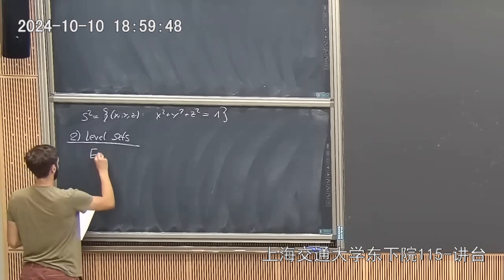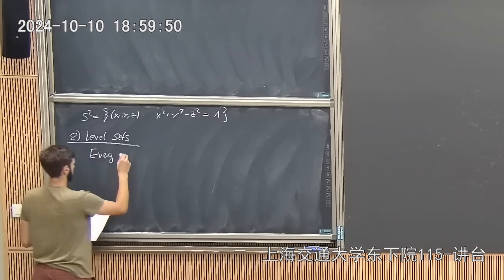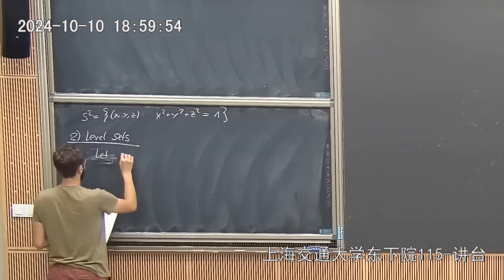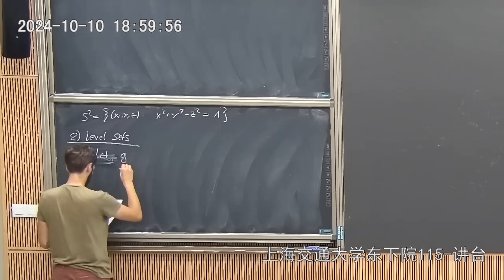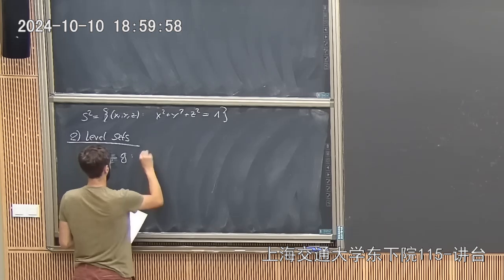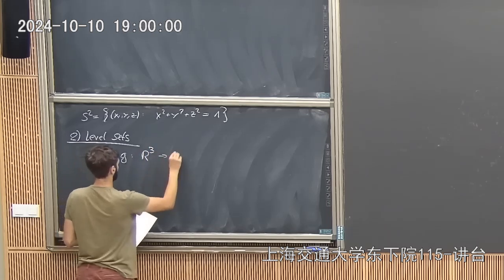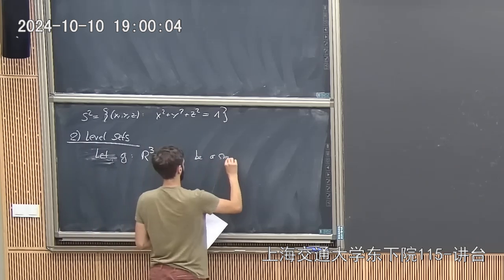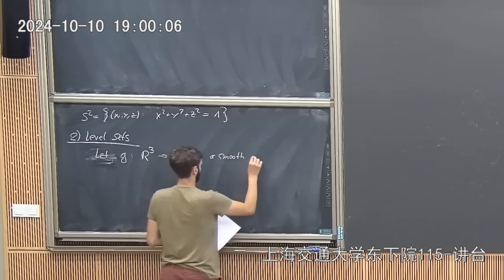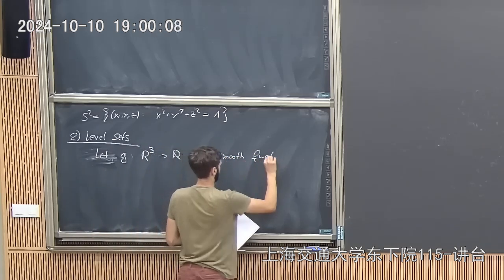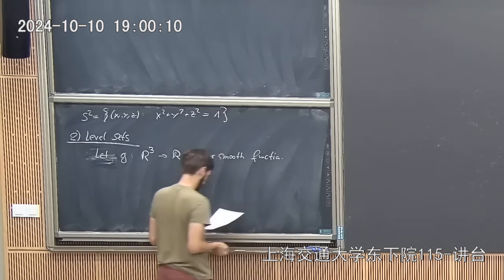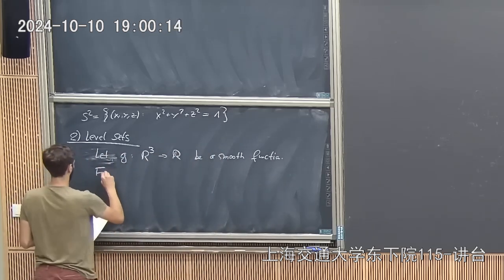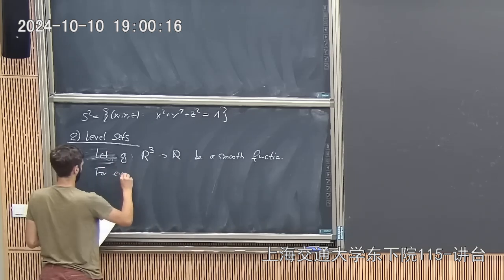So in this case, again, g defined on R3 is a smooth function. And then we fix a constant c.